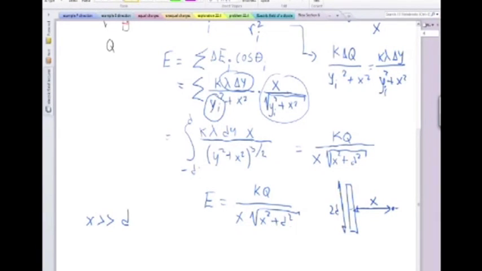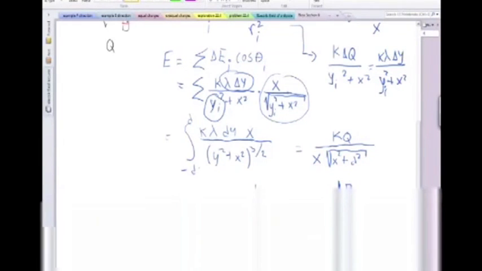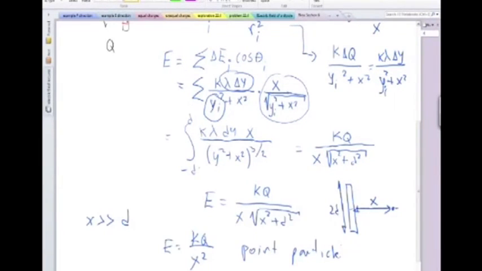So you can ignore d, and you get the electric field is kq over x squared, which is the same as for a point particle. So you have a rod like this one, and it has charge in it, and you put this rod 3 blocks away from here. Again, that little rod is going to look like a point particle if you're far away from it. So that's what you should expect.